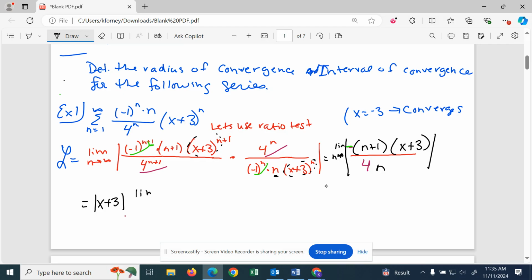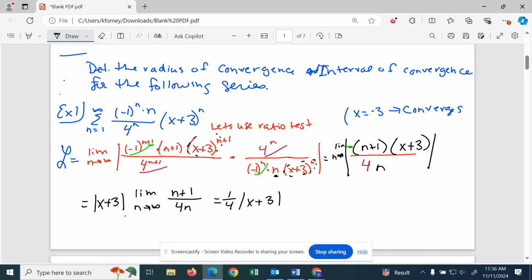Then we would have the limit as n approaches infinity. When we take the absolute value, the negative goes away, and we have n plus 1 over 4n. When I take the limit, that becomes 1/4. So we have 1/4 times the absolute value of x plus 3.